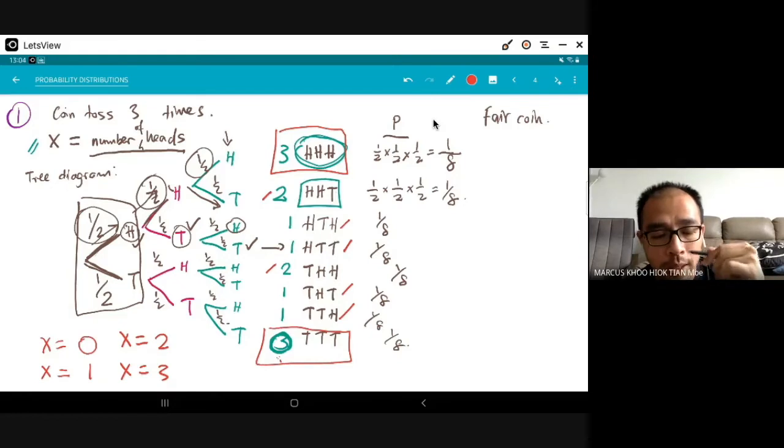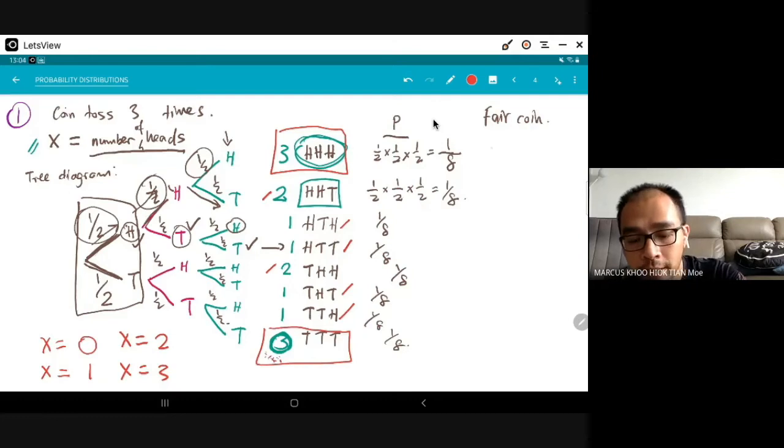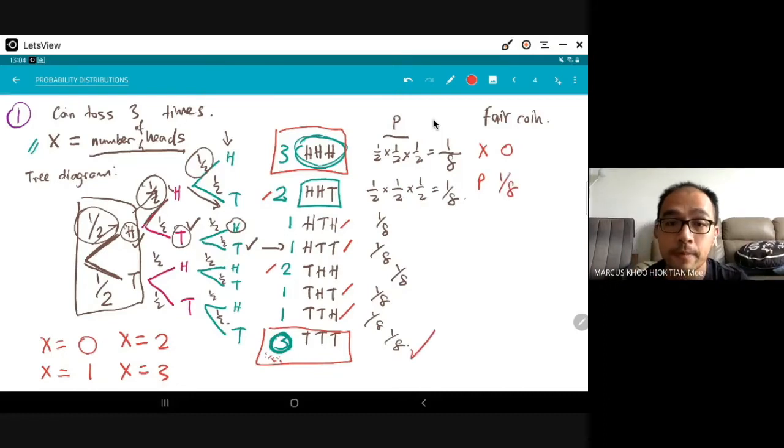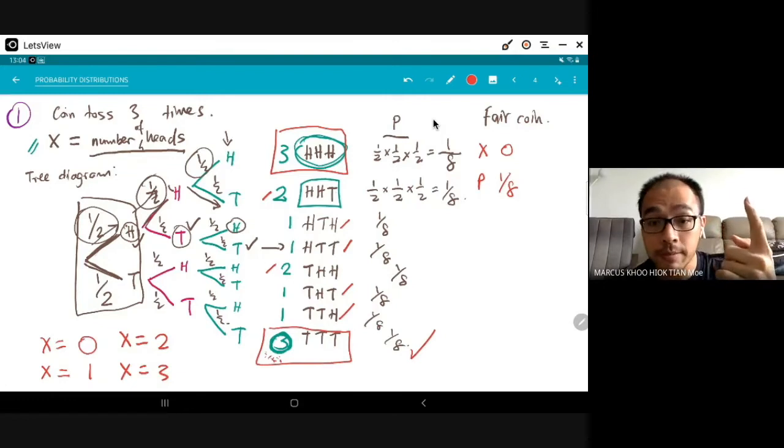What is the total probability of getting 0 heads? There's only one situation where there are 0 heads. So when x is 0, the probability is 1/8, as we have already calculated, because there's only one situation.